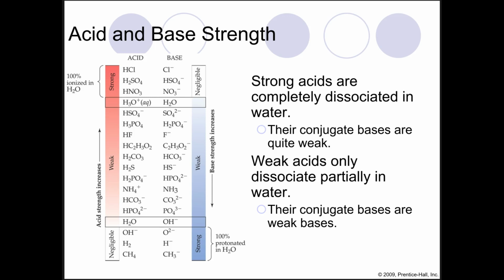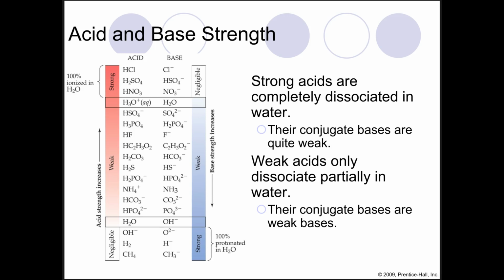So a real scientific and classy way that I think of this is that if you have a strong acid, its conjugate base is a shitty base. If you have a strong base, its conjugate acid is a shitty acid. If you have somewhere in the middle, like the weak ones, so like H2S, hydrosulfuric acid, and HS minus, hydrogen sulfide ion, they're about pretty much in the middle.